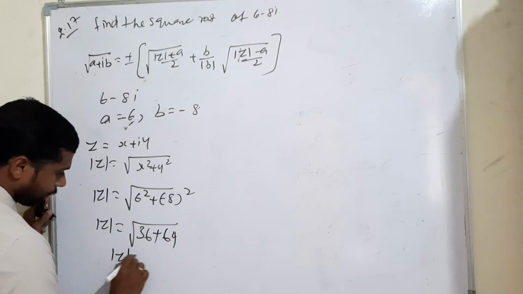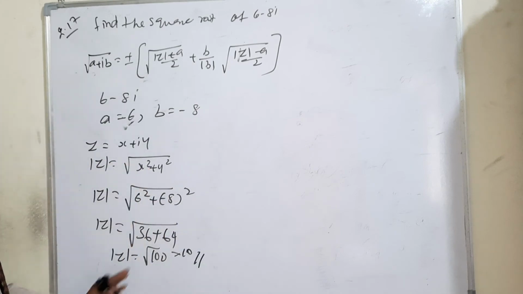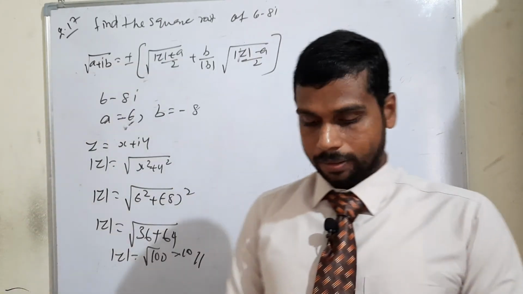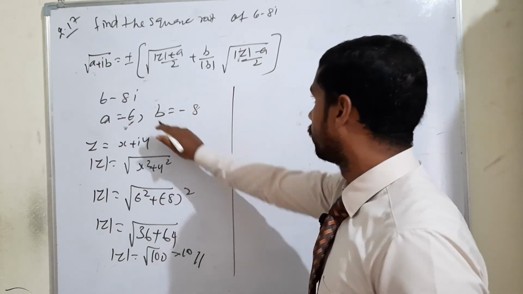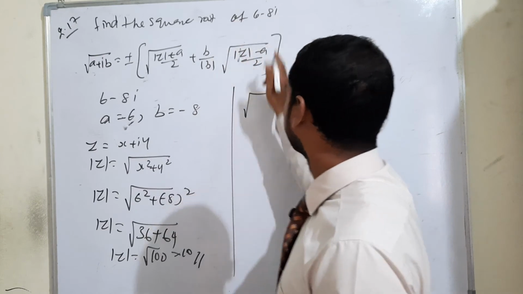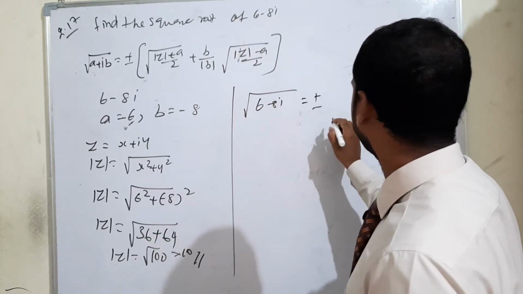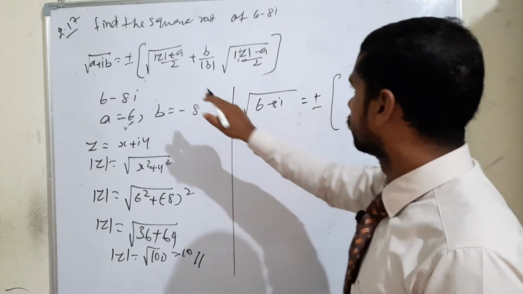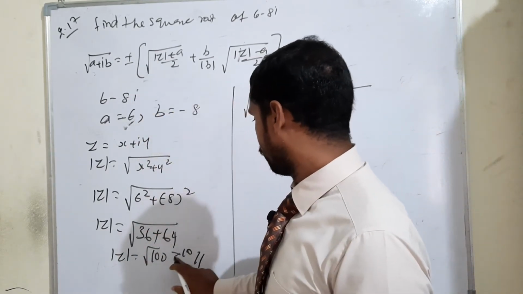So modulus of z is equal to square root of 100, so the value will be 10. Now, modulus of z is 10, and a we also know. Just now we apply the square root of a plus ib, which means 6 minus 8i, isn't it? So it is equal to plus or minus, then the square root of modulus of z.